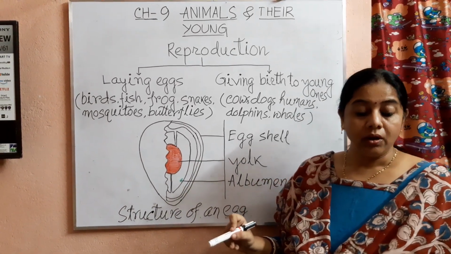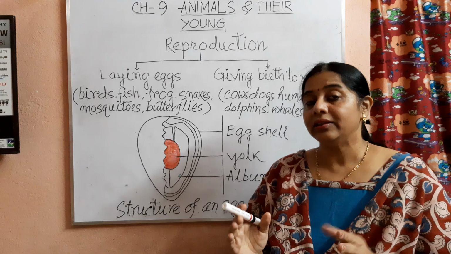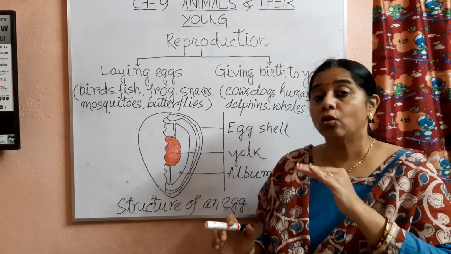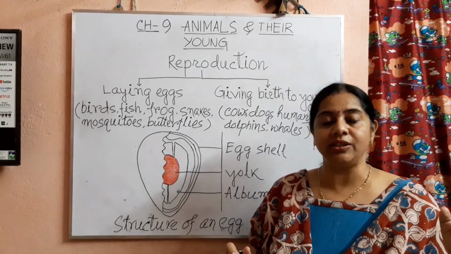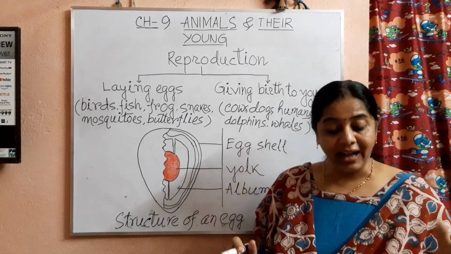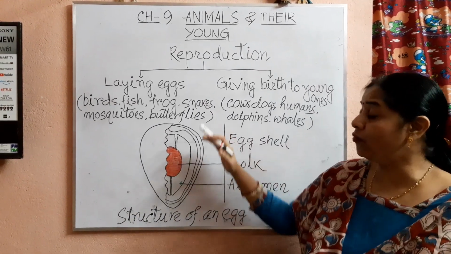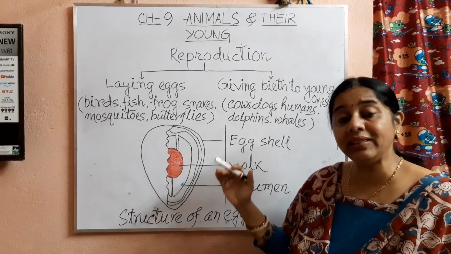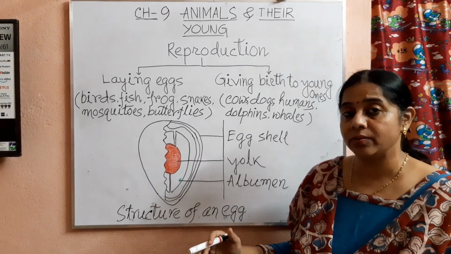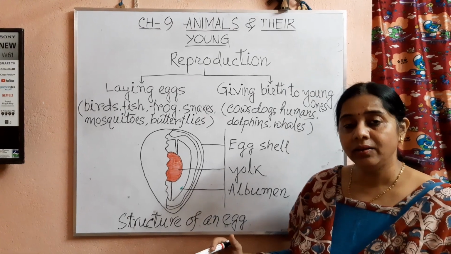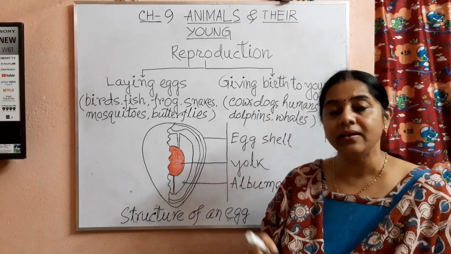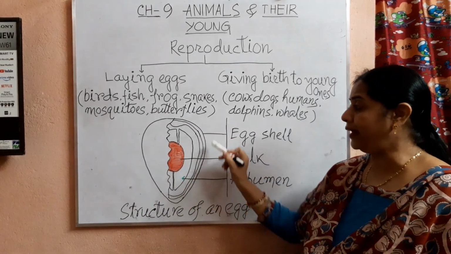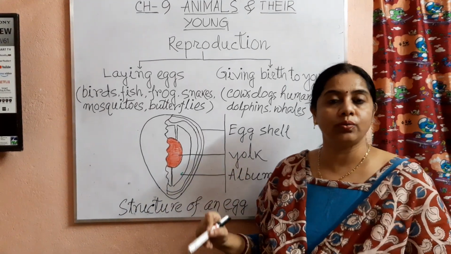Understood? Within the egg, the embryo goes through different stages of changes. And after some days, when the development is complete inside the egg, the embryo changes into a young one, into a chick, and the eggshell breaks and it comes out.